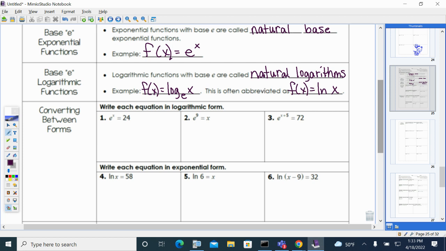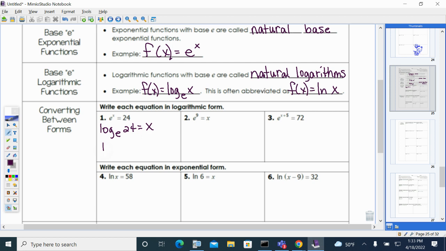So converting between forms, our directions here are going to tell you to write each equation in logarithmic form for numbers 1 through 3. For number 1, it says e to the x is equal to 24. That would be log base e of 24 equals x, except we don't write log base e.